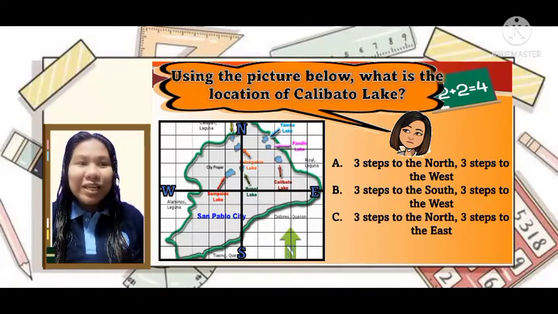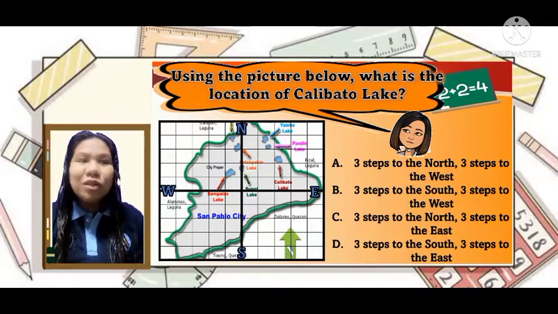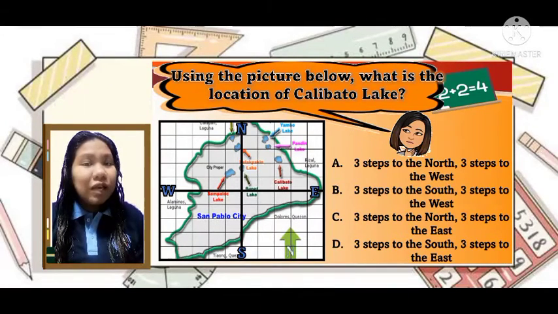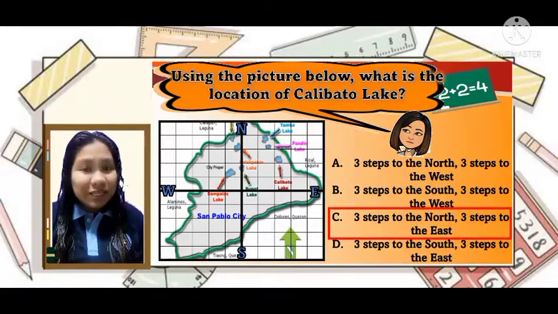C. 3 steps to the north and 3 steps to the east. Or D. 3 steps to the south and 3 steps to the east. I will give you a few seconds to have your answer. If your answer is C, then you are correct.